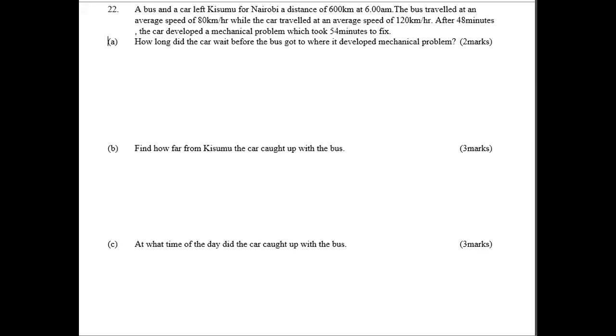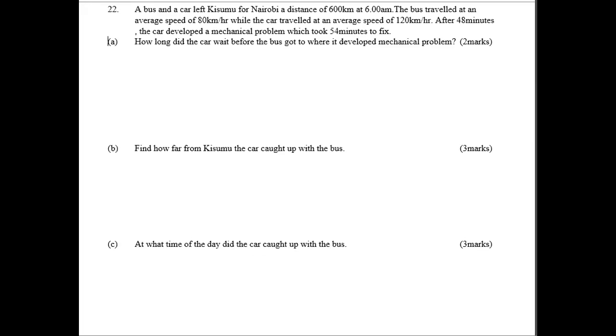These 72 kilometers are part of what the car should catch up with, bearing in mind that the bus is still moving, it is not stopping. So it's 72 kilometers plus what they are covering together. How do we do that? We get the time as distance of separation divided by relative speed. Because these two bodies are moving in the same direction, we subtract to get relative speed. Same direction, we subtract. Opposite direction, we add.